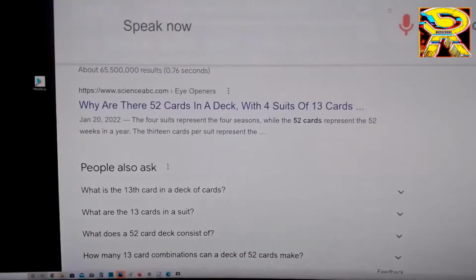And I just did that right over here. 1 times 7, 1 plus 7. That is your gateway. So anyways, in the deck of cards, what is the 13th card in a deck of 52 cards?